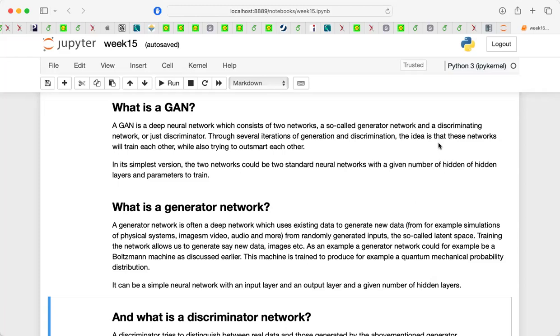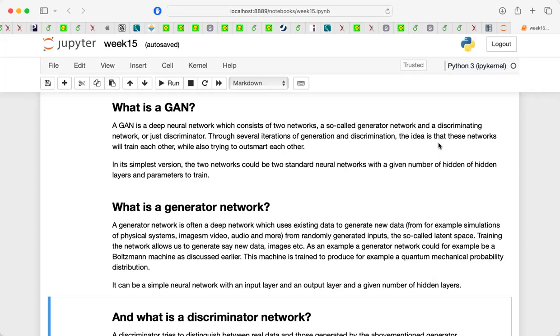So a generator network is composed of two parts, and you can think of these again in terms of autoencoders, like an encoder part and a decoder part. And they are implicit density functions that sample directly from some underlying distribution.